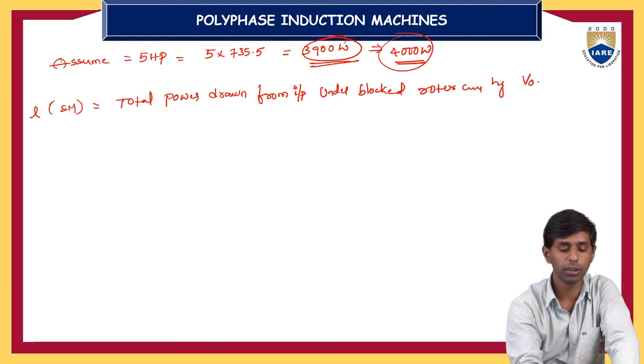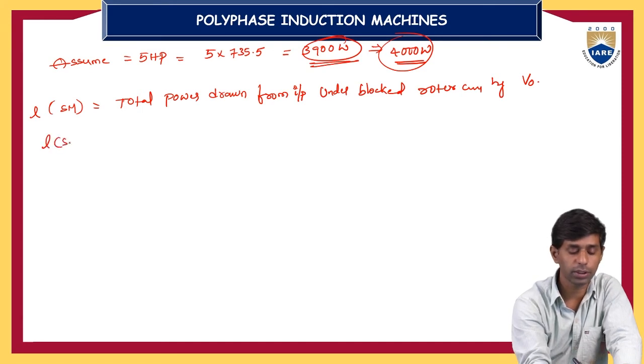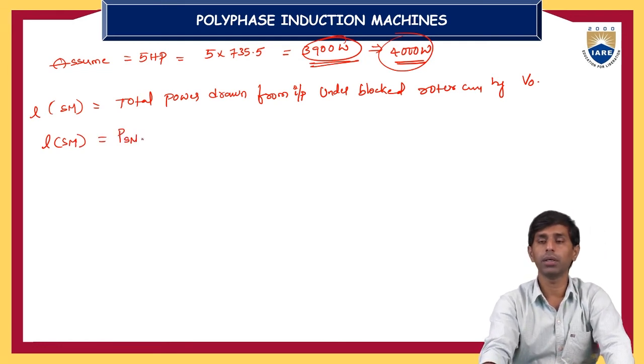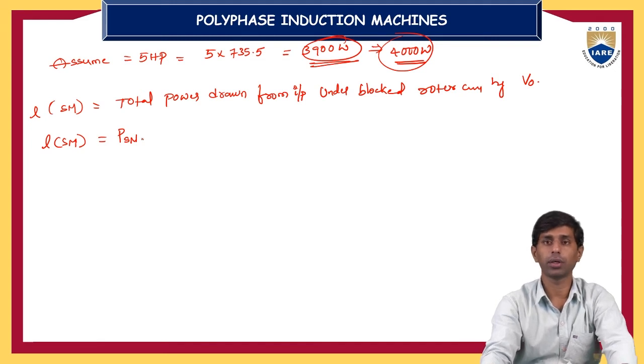That is, the length of the SM represents the PSN, short circuit normal power.